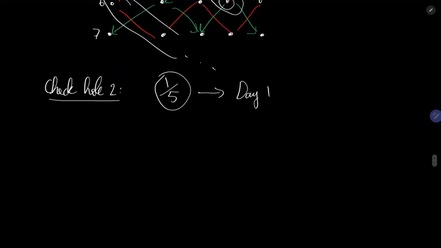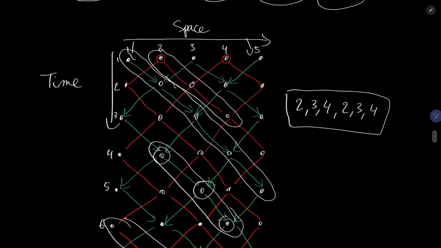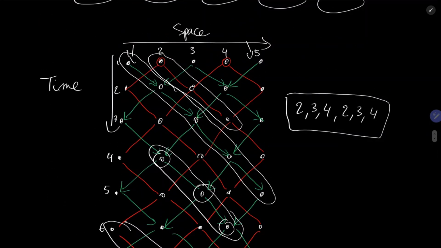Now, what is the probability to catch the fox in day 2? Let's go back to the diagram above. To be able to catch the fox in day 2, the fox has to reach the hole number 3 in day 2. The only way the fox can reach this hole is to start from the hole number 2 and go to hole number 3, or the hole number 4 and go to hole number 3.